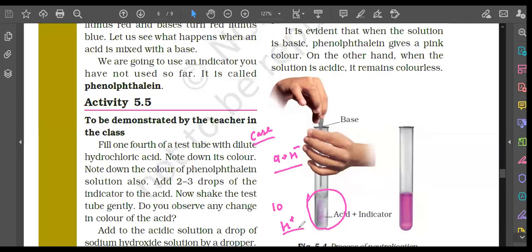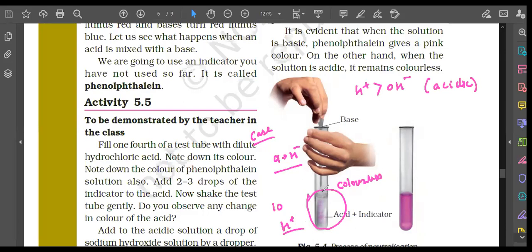So I can say that if H plus is greater than OH minus, then the solution will be acidic. Yes or no? So the color will still be colorless.